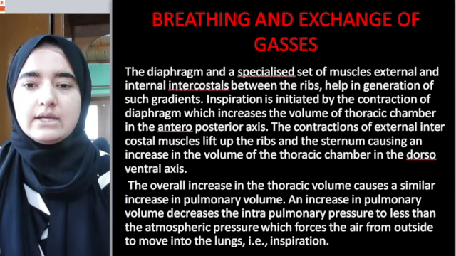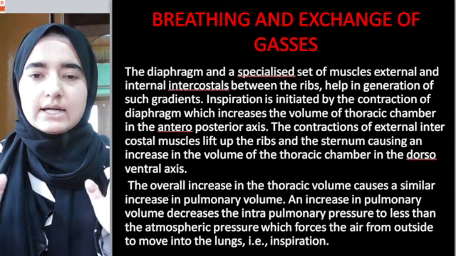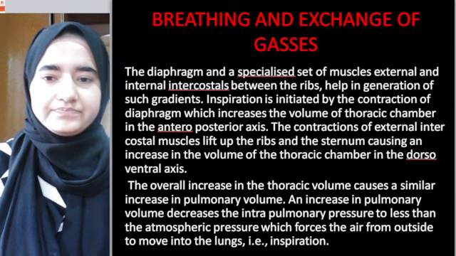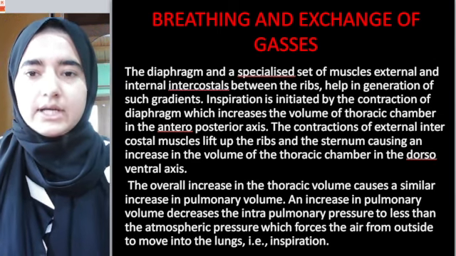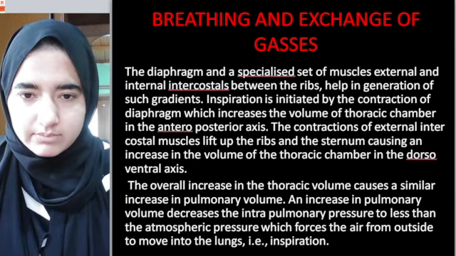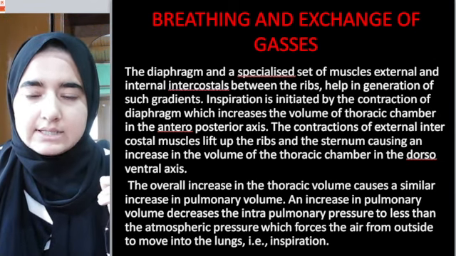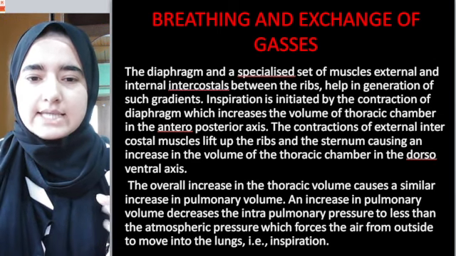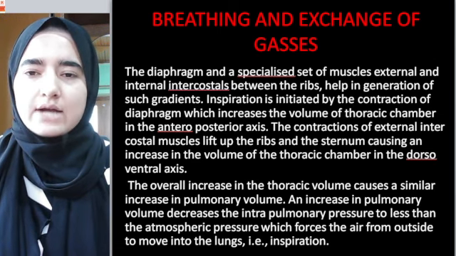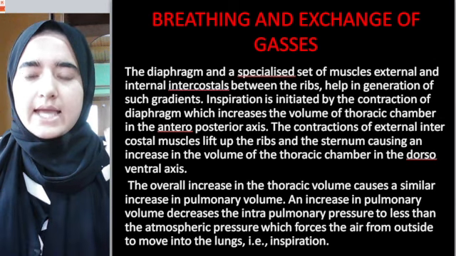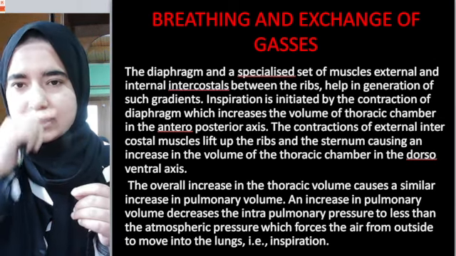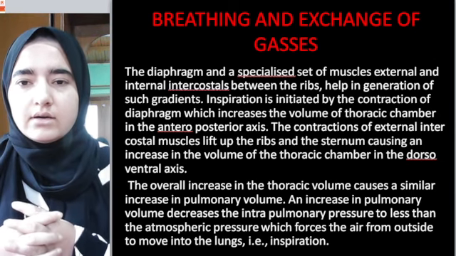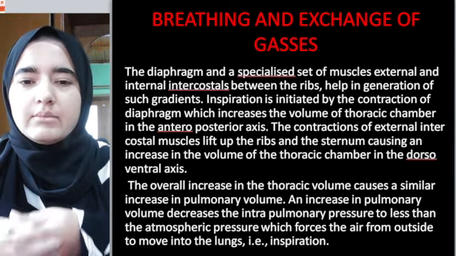Again, the thoracic chamber is dorsally supported by the vertebral column, ventrally by the sternum, laterally by ribs, and on the lower side by the diaphragm, and a set of muscles, external and internal intercostal muscles, which are located between the ribs. They help in creating such gradients so that atmospheric air can be drawn in and alveolar air can be released out.